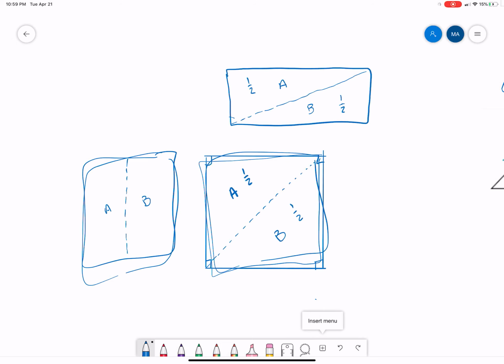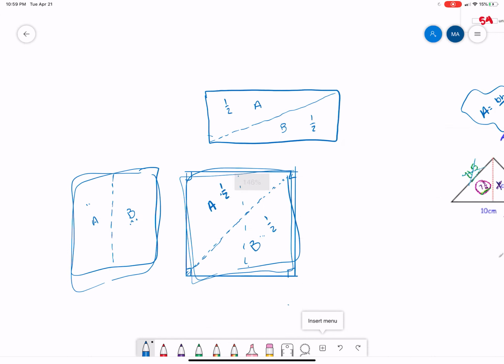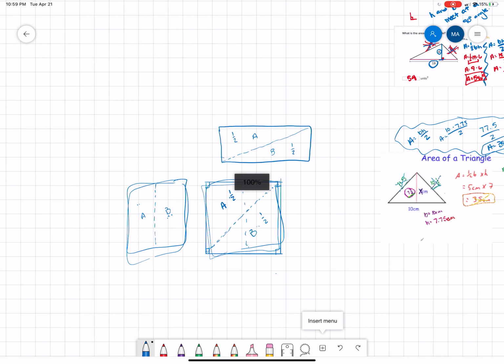It doesn't matter if you break it down the middle or you break it diagonally. This is 1/2, this is 1/2. So make sure you understand that concept. We'll go more in depth on that tomorrow, okay? So, when you look at that, remember that.